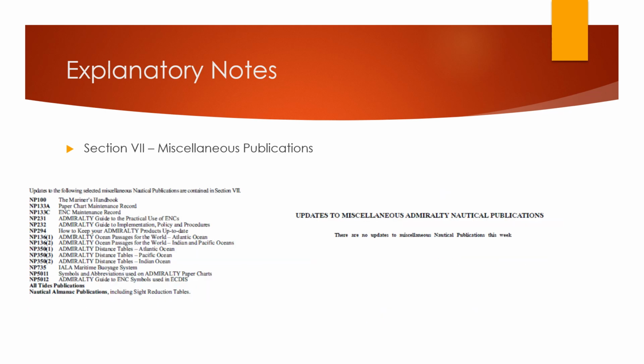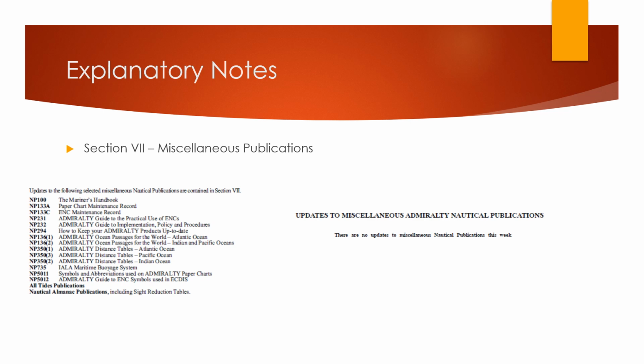In section 7, it provides updates to the selected miscellaneous nautical publications. Now, if you're thinking that we have already covered charts and lists of lights and radio signals, what other nautical publications are included in this section? So you can see that the list of the nautical publications that are included in the miscellaneous section are provided below.